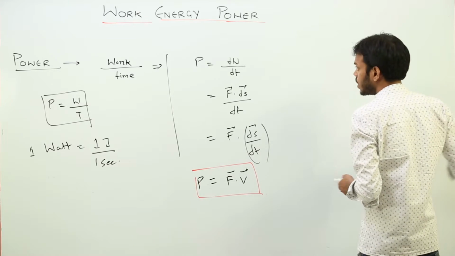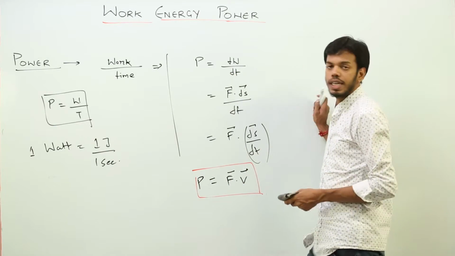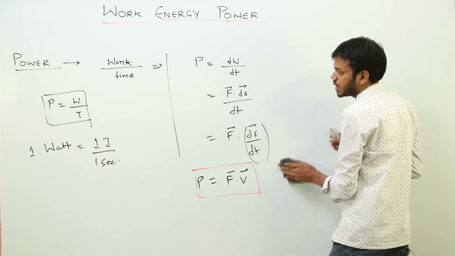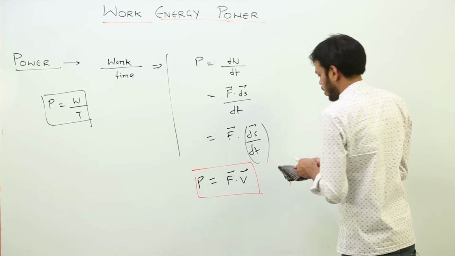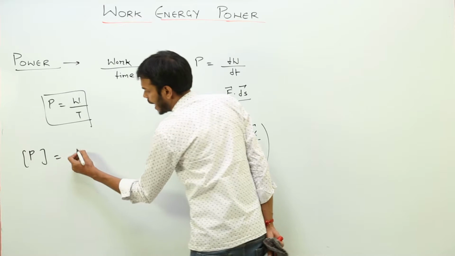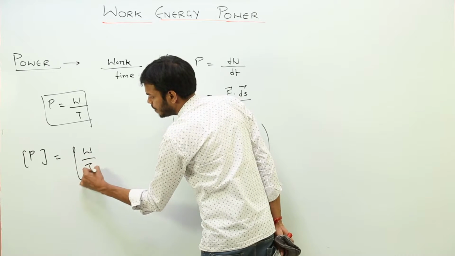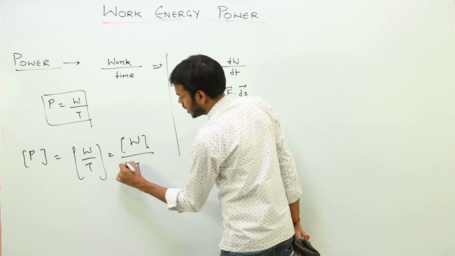Alright. More than the SI unit, the type of question we generally face in our exams is the dimensional formula. So let's write the dimensional formula of power, which will be equal to the dimensional formula of this term, which is this upon this.